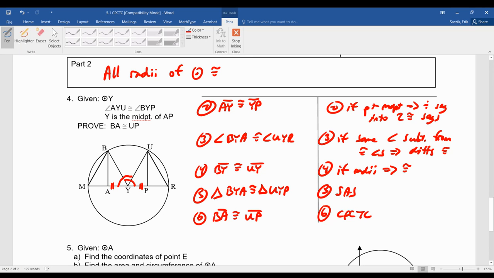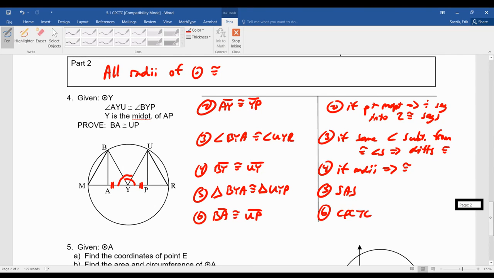Notice how I did not say that MY is congruent to YR. Those are congruent, of course, because those are radii, but having those segments congruent doesn't help me do my proof. Excuse me, okay? So don't have extra stuff in there that you don't need.